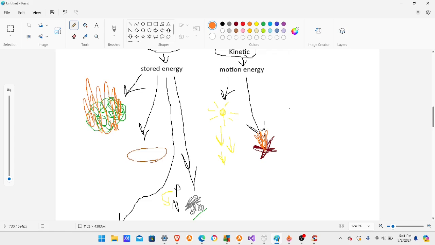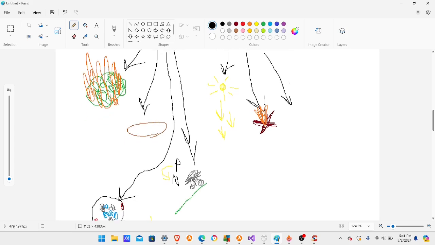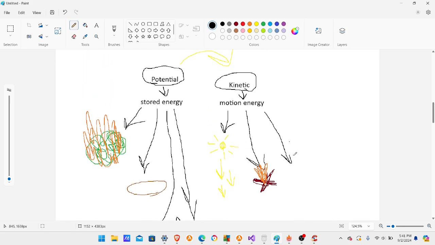And then the next one would be motion energy. We talked before about the example with the car, but just to give a different example, let's say you threw a punch.